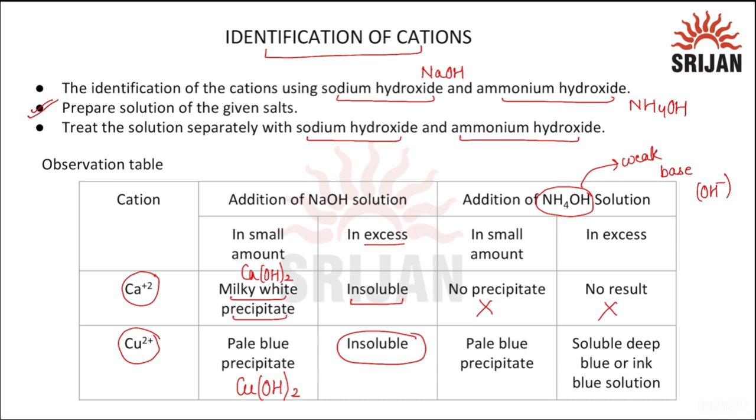On addition of NH4OH, we get pale blue precipitate similar to the case of NaOH, but when NH4OH is added in excess, we observe that this pale blue precipitate becomes soluble and we actually get deep blue or inky blue solution due to the formation of soluble complex which is formed when copper reacts with ammonia.